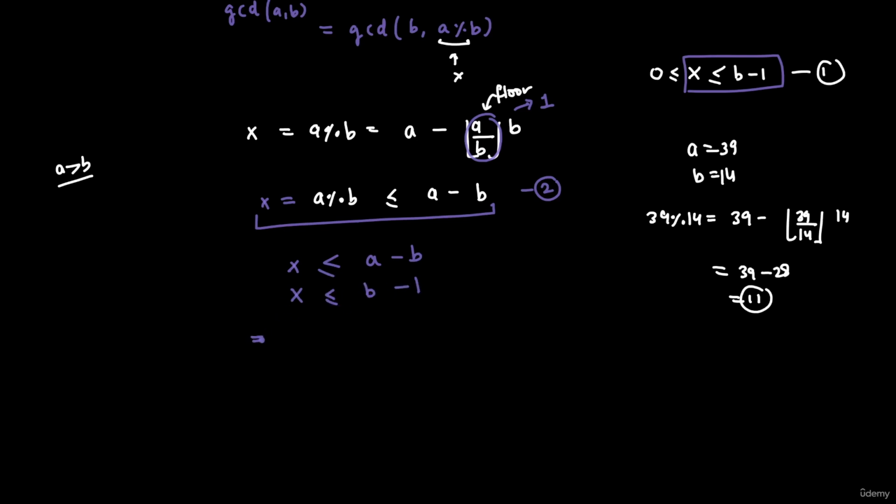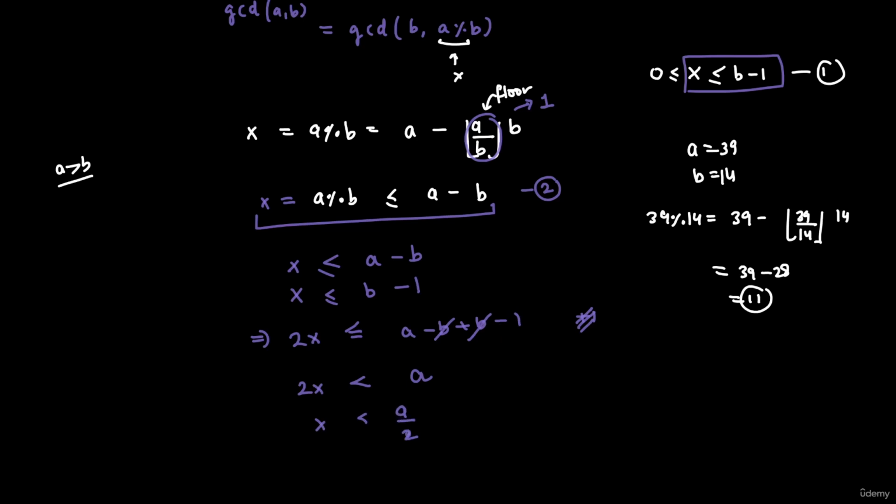If you add them up, it becomes 2x is less than or equal to a minus b plus b minus 1, so 2x is less than or equal to a minus 1. If I just remove the minus 1, I can say 2x is less than a, because I removed the term minus 1. That means x must be less than a by 2.